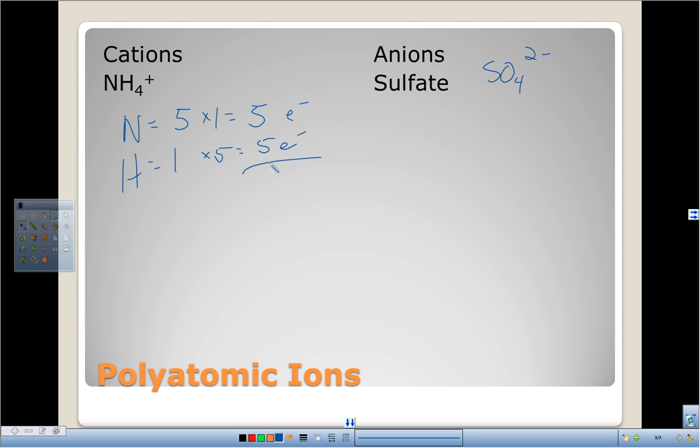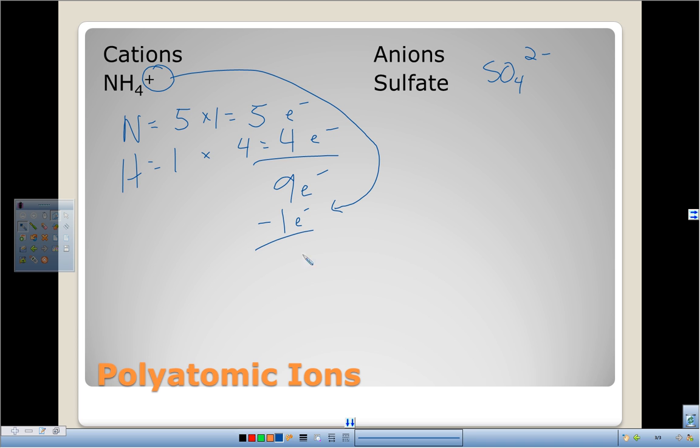That would be 9 electrons. But this positive means that we did what, Brock? Took the electron away? Thank you. So there's 8 electrons to work with in this polyatomic.